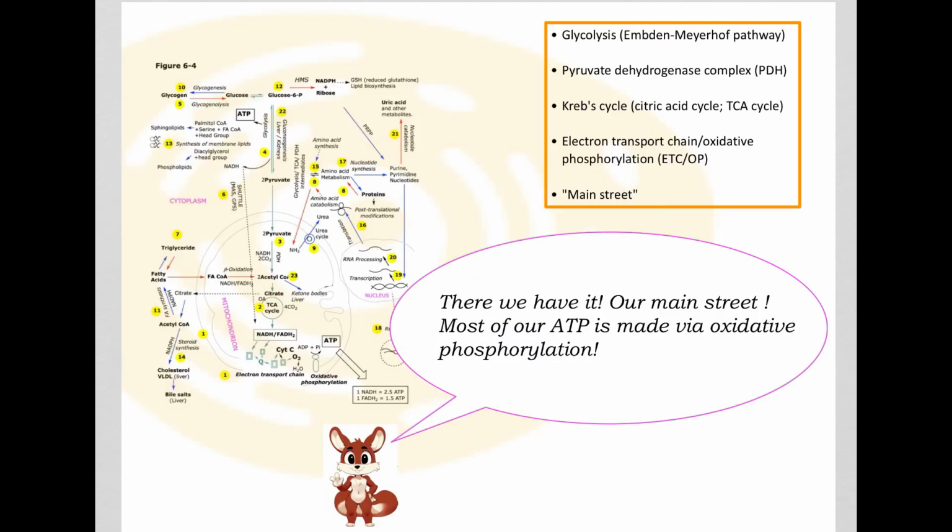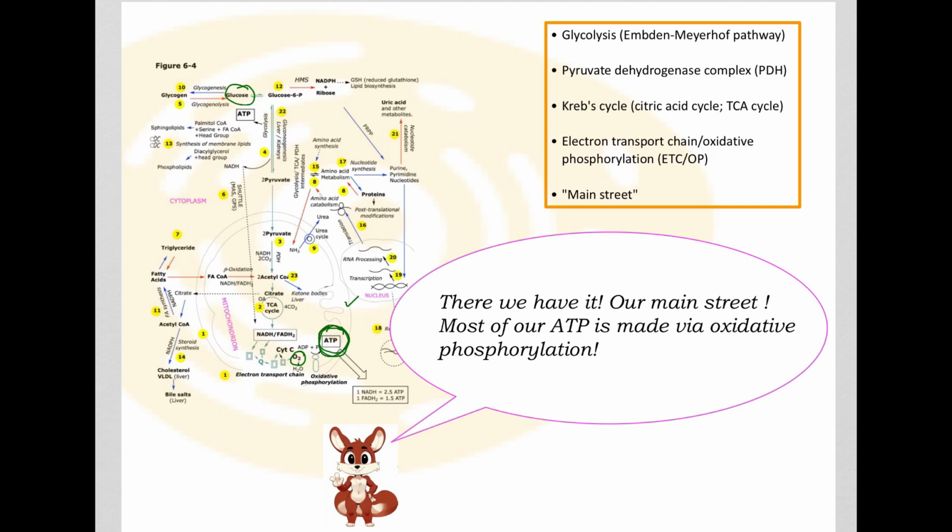Okay, so here we have the most important highway explained. So this is how your cells generate ATP from glucose, if the cell has mitochondria and if the cell has oxygen.